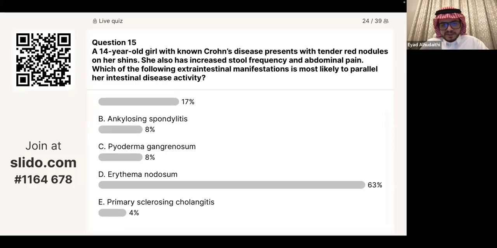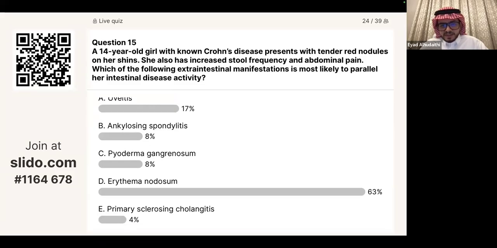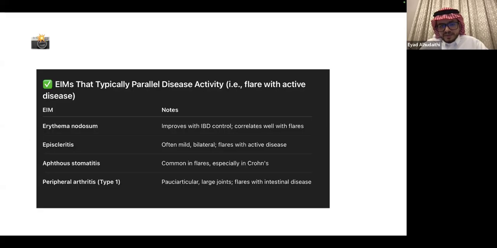So most of you have got it right. It's erythema nodosum. Erythema nodosum typically flares with active IBD and improves with intestinal disease control. It's in contrast to the others we mentioned. This is a summary of extraintestinal manifestations that typically mirror the disease activity: erythema nodosum, episcleritis, oral aphthous stomatitis, and peripheral arthritis.